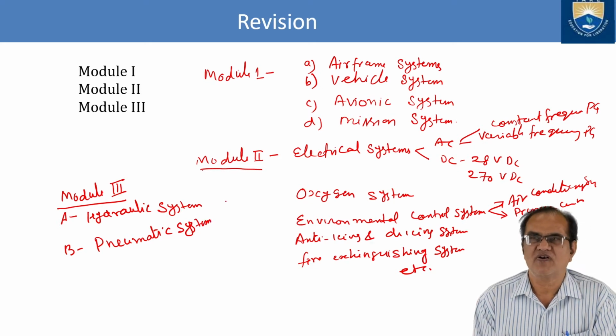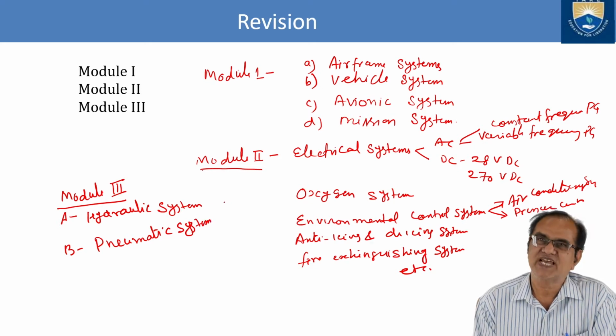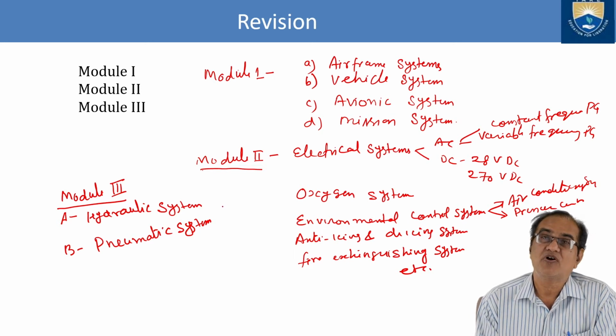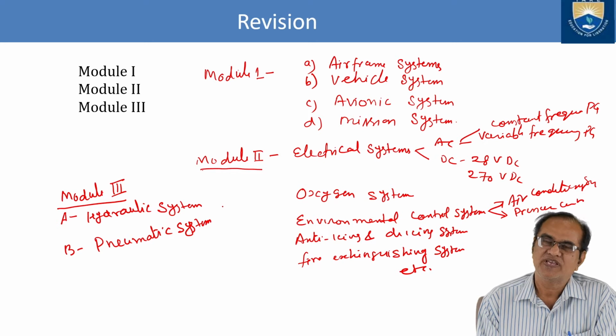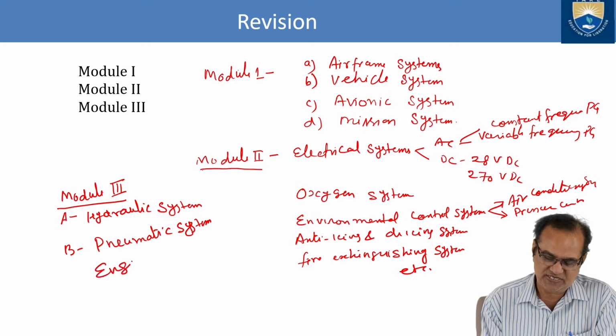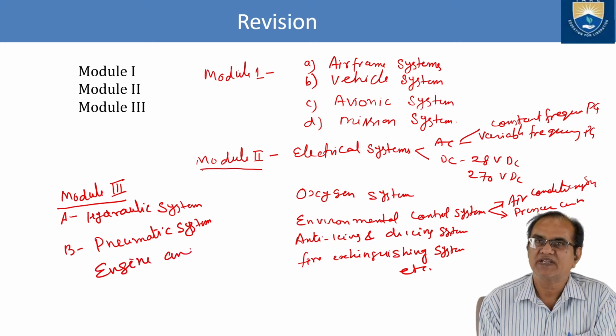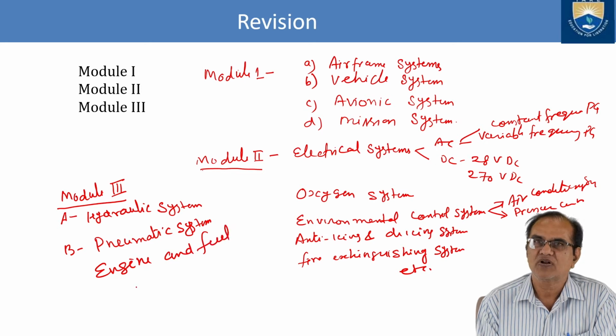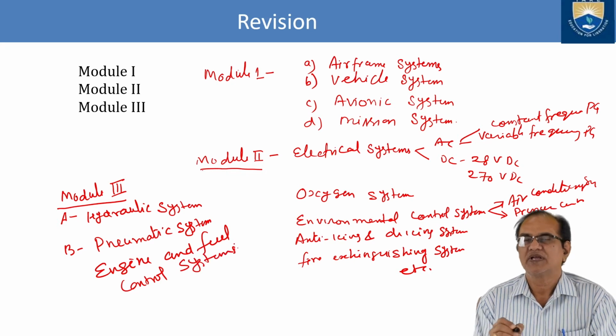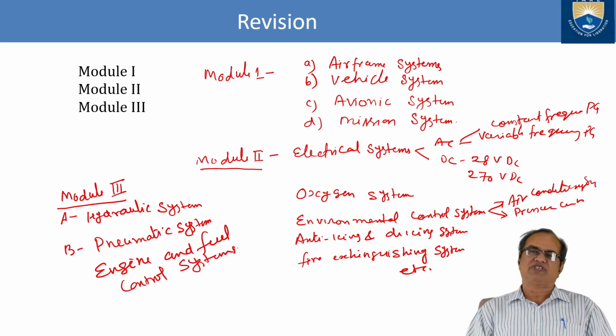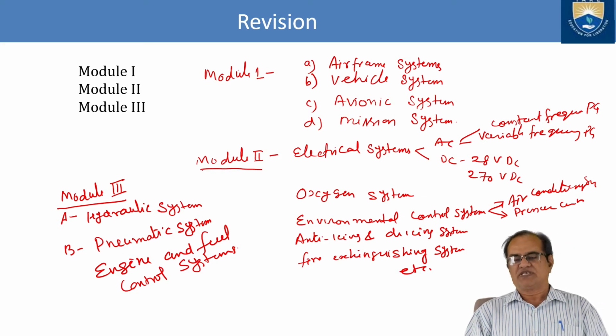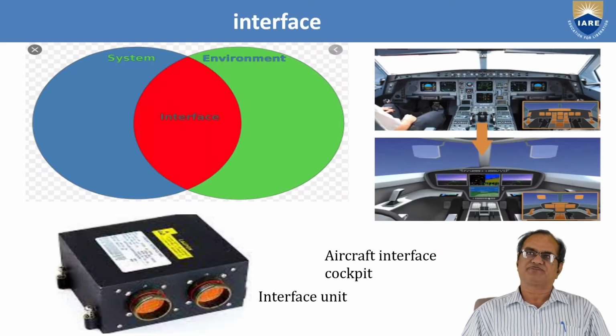These things we have covered already, and now I am in module number 4, which is basically engine and fuel control. This is my module 4, which I am going to discuss in today's class.